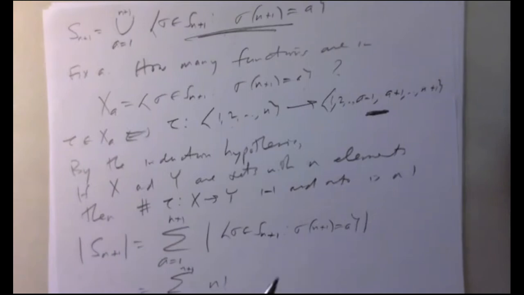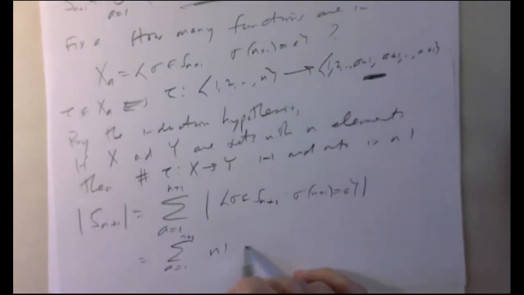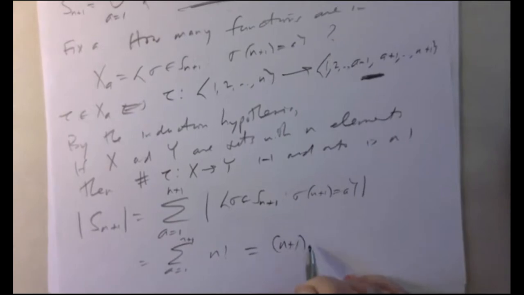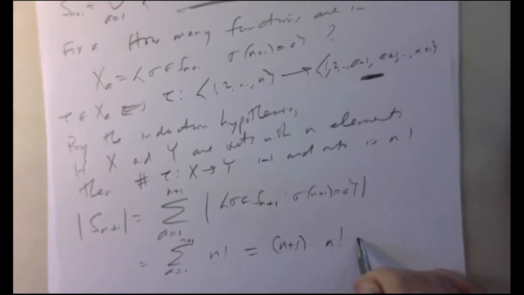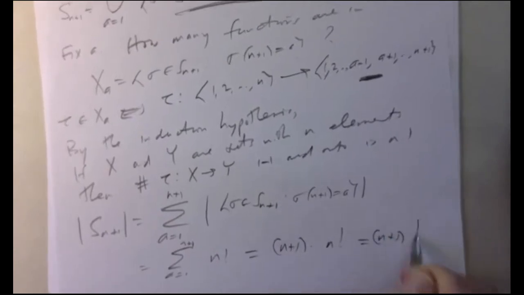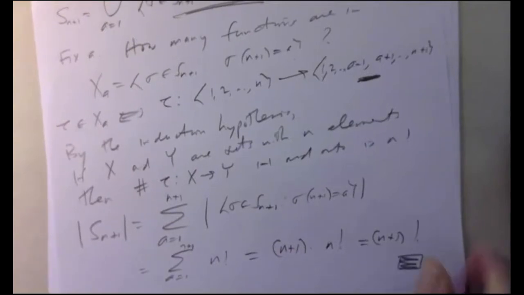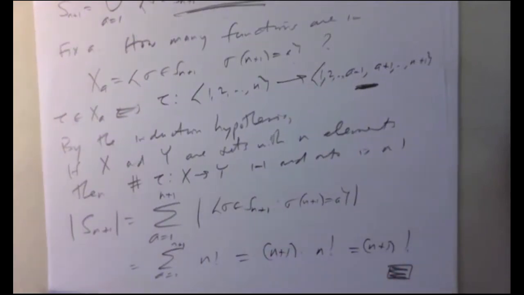So I'm adding n factorial to itself, n plus 1 times. That's n plus 1 times n factorial, which is exactly n plus 1 factorial. So that is a proof.